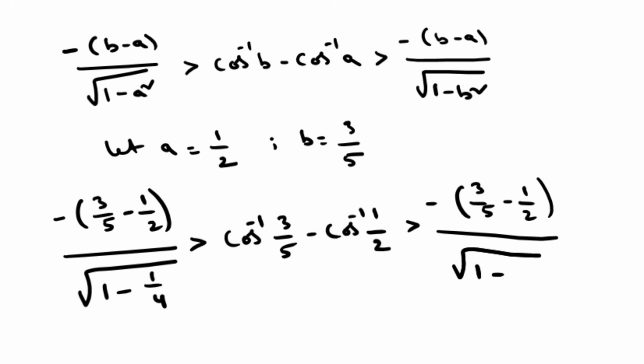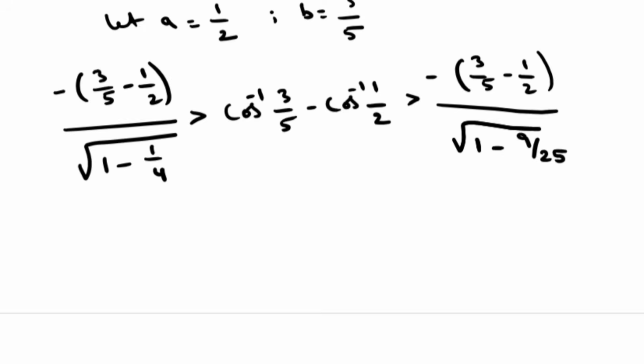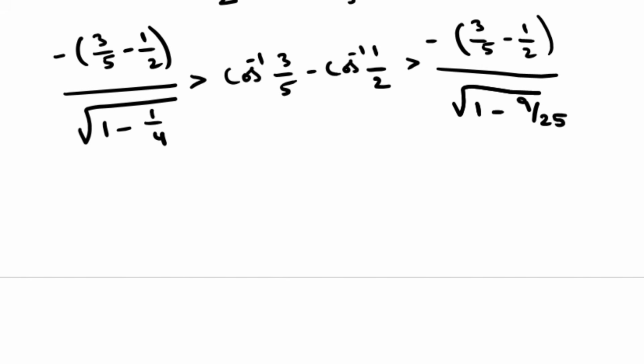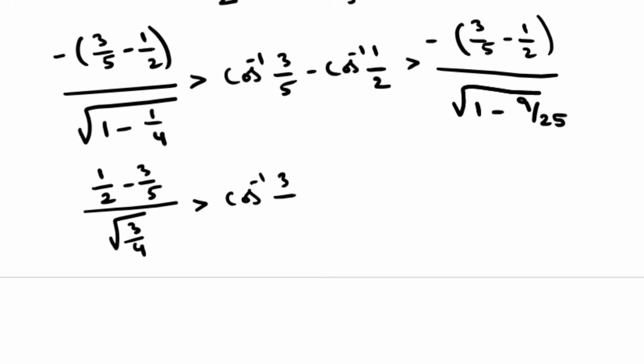B square is 3 by 5 whole square, which is 9 by 25. Now we can write this equation as 1 by 2 minus 3 by 5 divided by root 3 by 4 greater than cos inverse of 3 by 5.